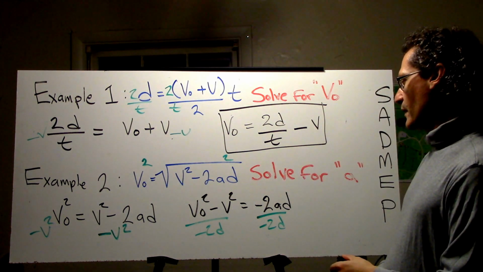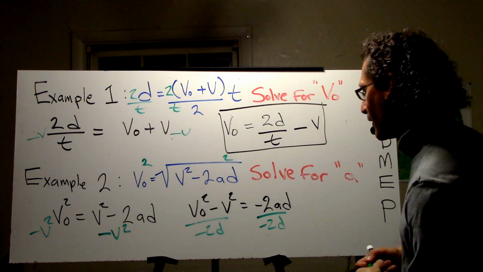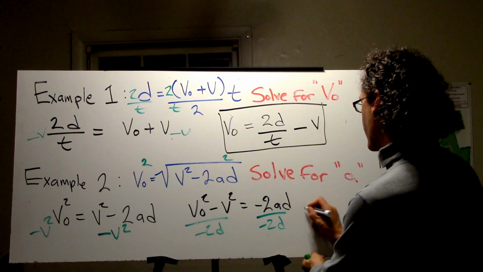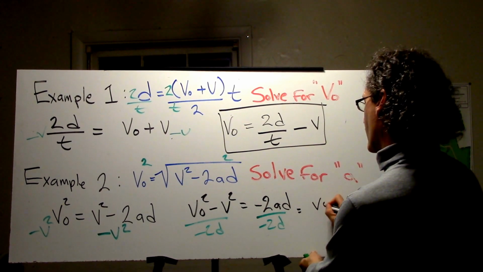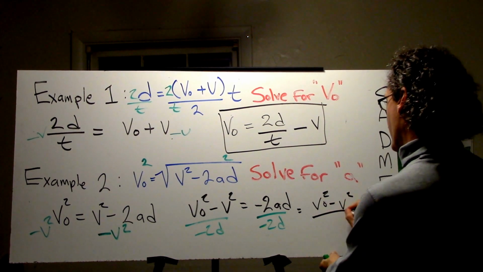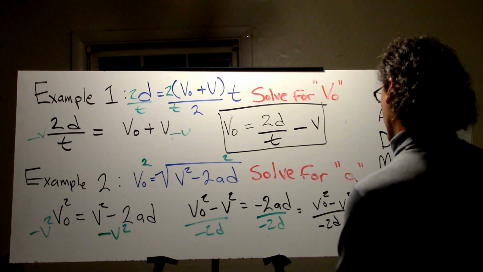And I think this is it. That will be our isolation of a. So here we go. We have v naught squared minus v squared over negative 2d equals a, like that.